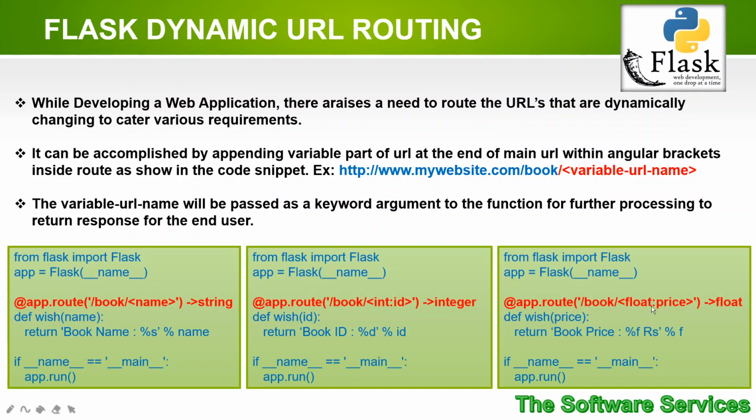And now in case you need to pass float values as a variable part to the URL, then you need to specify the data type as float and colon the name you wish. Okay, I am giving it as price, and internally that price is applied to this function as a keyword argument, and then it will do its own processing.